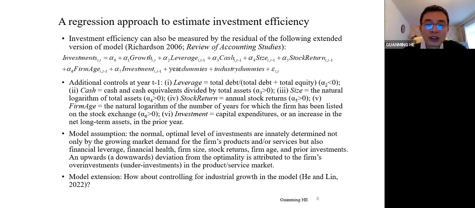However, there's a limitation with the previous model because the growth is not the only determinant of the company's investment. There are other factors that might also affect the company's investment substantially. These factors include the financial leverage, cash, firm size, stock returns, firm age, and the previous year's investment.